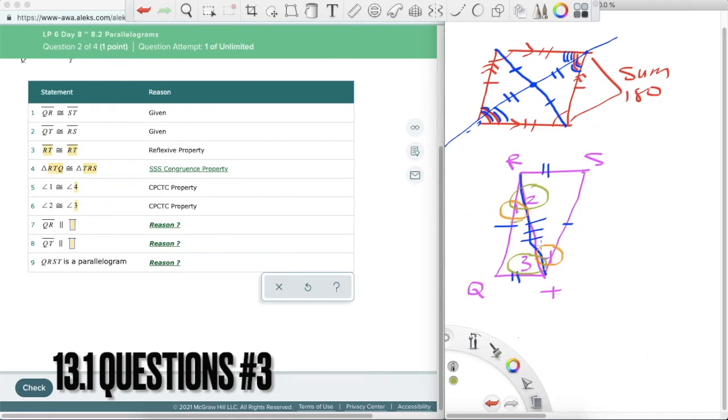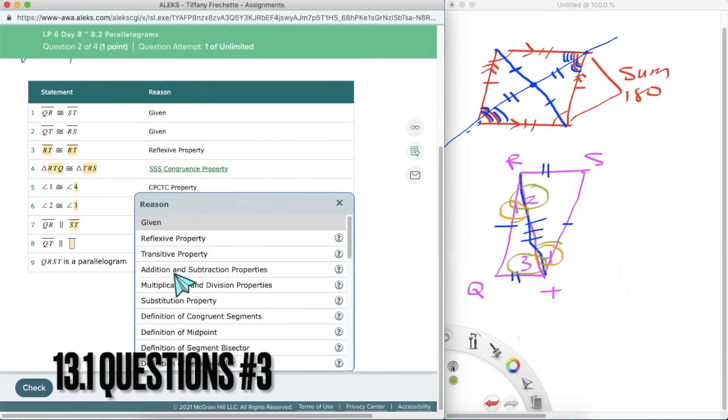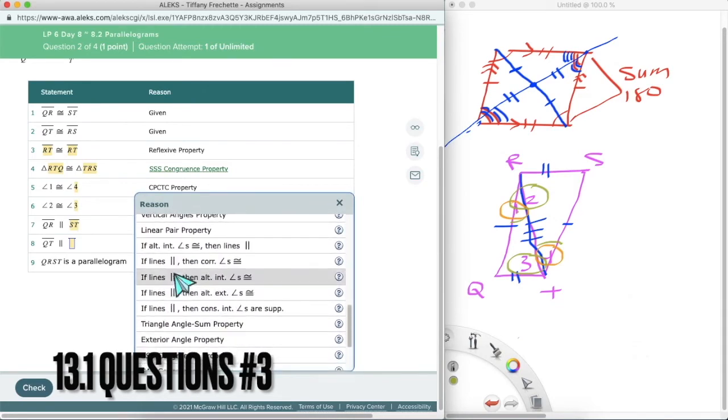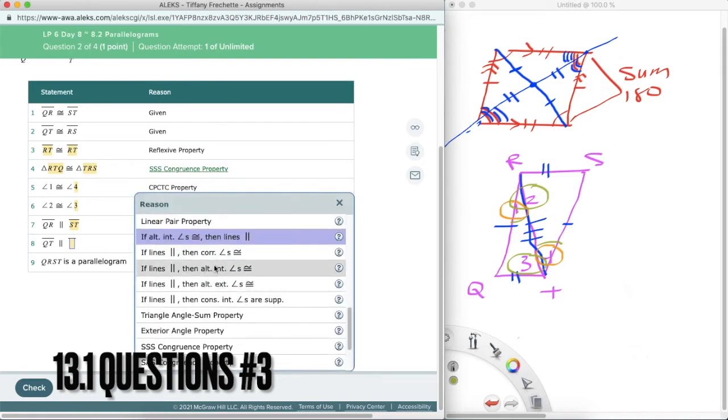Those are alternate interior angles. So that's the reason that I can say that these are parallel to each other. You can go down and find: if alternate interior angles are congruent, then the lines are parallel. So make sure you're choosing the right one, because there is one that says if the lines are parallel, then alternate interior angles are congruent. We don't want that one. We have the angles first, and we're proving that the lines are parallel.